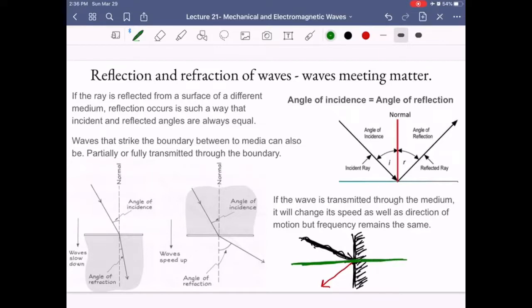Then the incident ray and the reflected ray will happen to have the same angles with the normal. So this is the angle of incidence, and this is the angle of reflection. The angle of incidence always equals the angle of reflection.